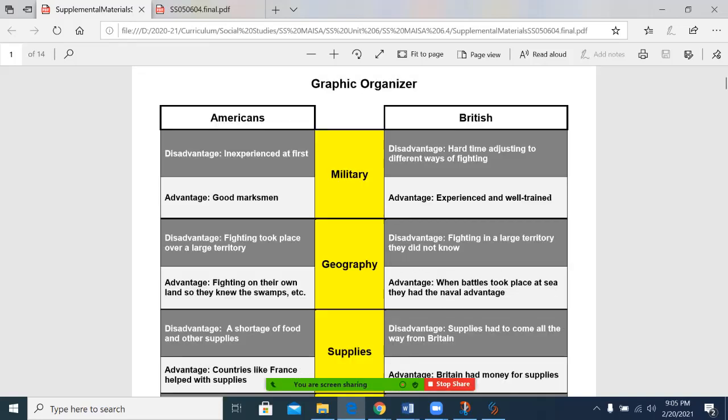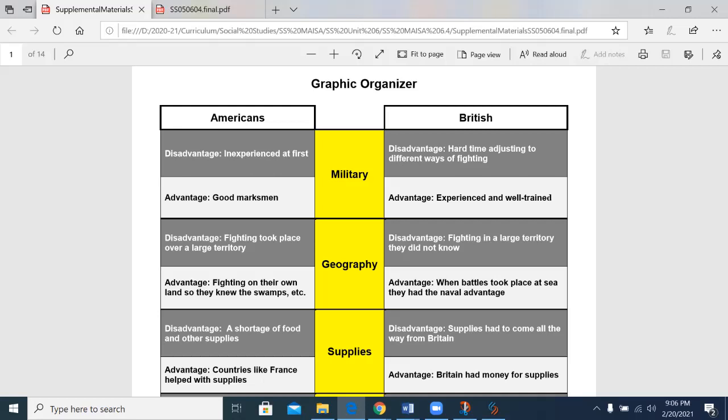So, American military disadvantages. We were very inexperienced. The American military was largely made up of militia and a lot of farmers that joined in to the cause. They were not trained as an organized fighting force, and that almost cost us the war very early on.